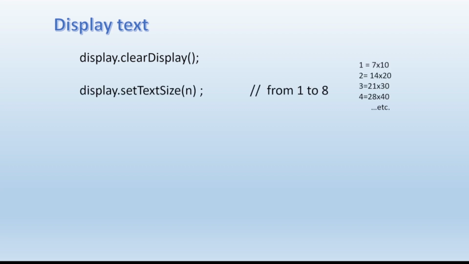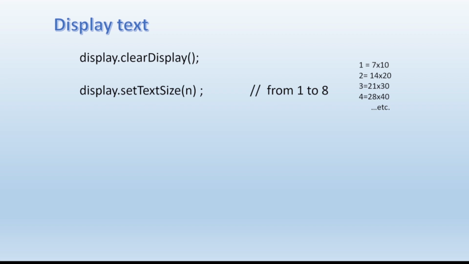And then we can set the text size, and the N is a value between 1 and 8. So there's 8 different font sizes there. As you'll see in the small chart, size 1 means 7 by 10. That's like 7 pixels by 10 pixels for each character. 7 wide, 10 high.